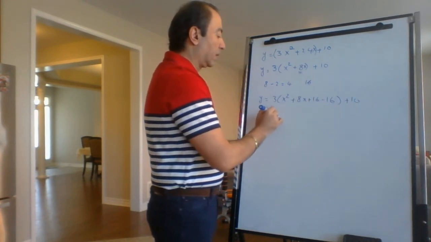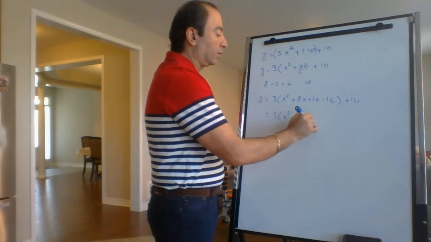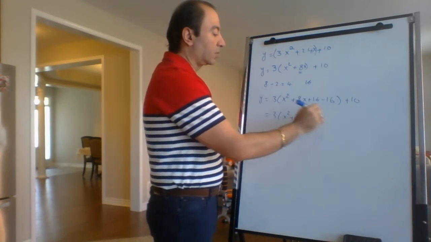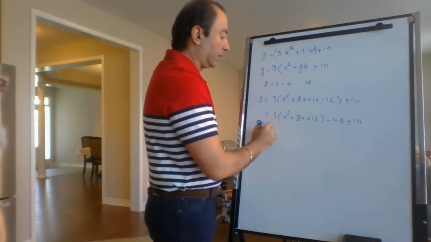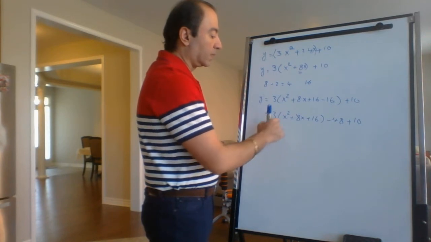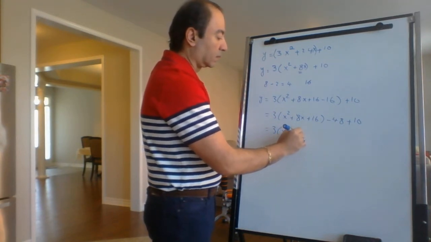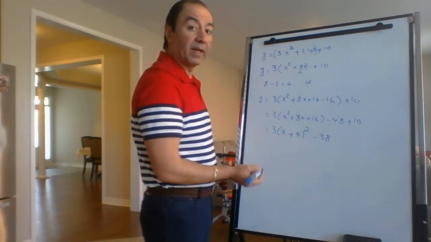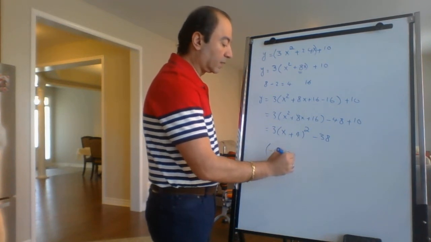Then I will keep the positive value inside, and I will take the negative value multiplied with a, so negative 48 plus 10, and I complete. This is a perfect square, so I factor that. Okay, and the vertex will be negative 4, negative 38.